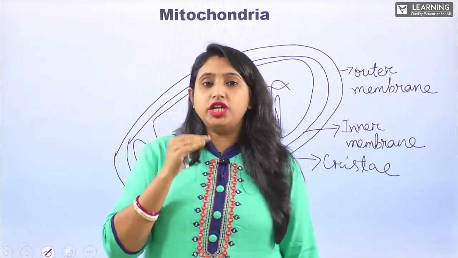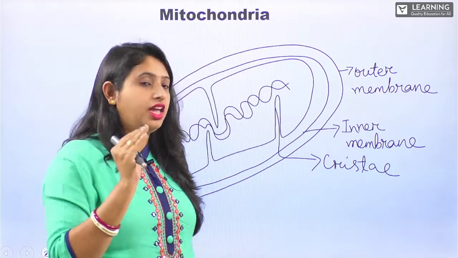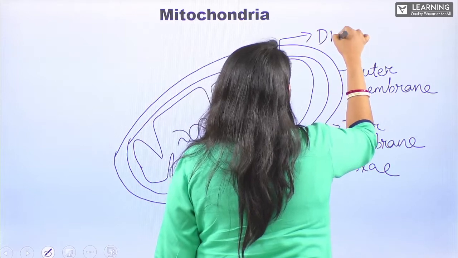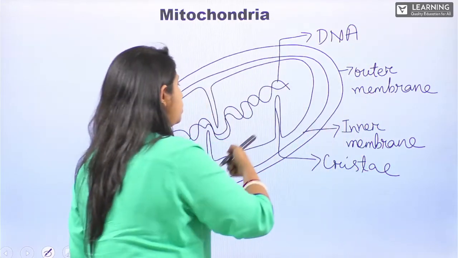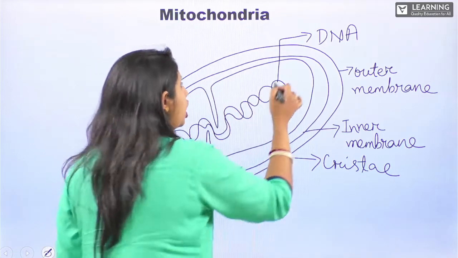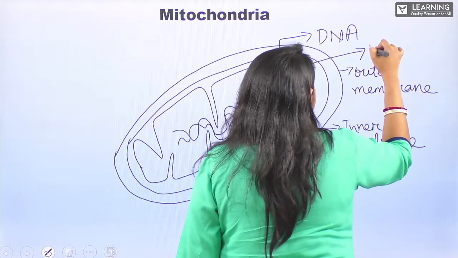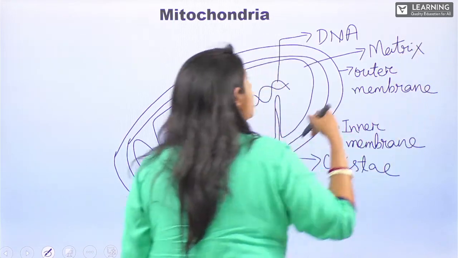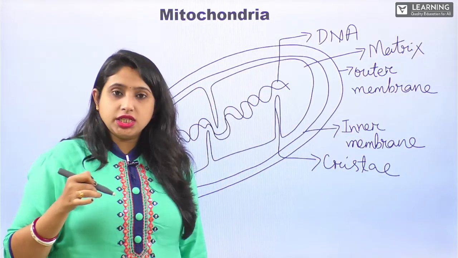They have their own genetic material, that is DNA. This area where the genetic material is present, we call it the matrix, or the cytoplasm where the different cell organelles lie.